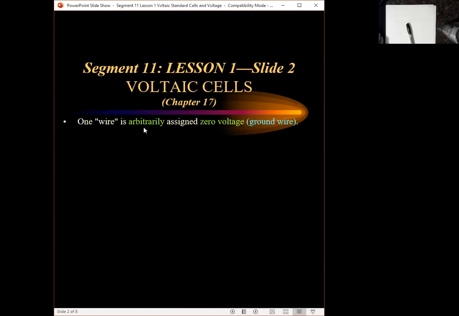And we just called it zero. We're going to do the same thing for electrode reactions, either cathode or anode reactions. And we have to choose one that we're going to arbitrarily call a zero. And that is the ground voltage.